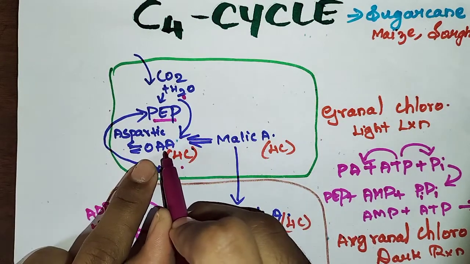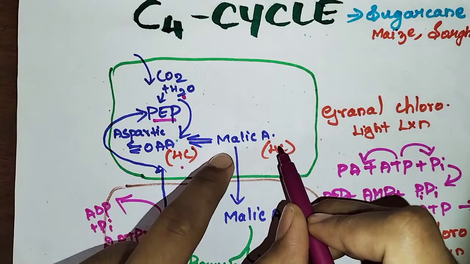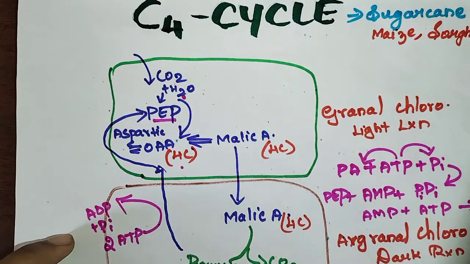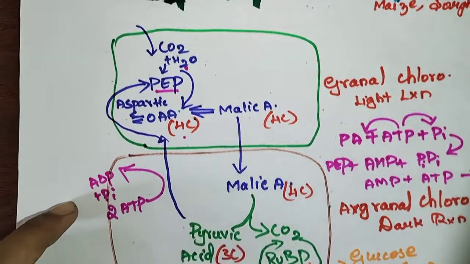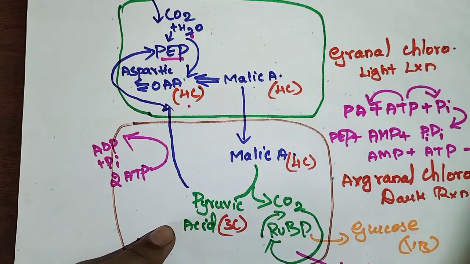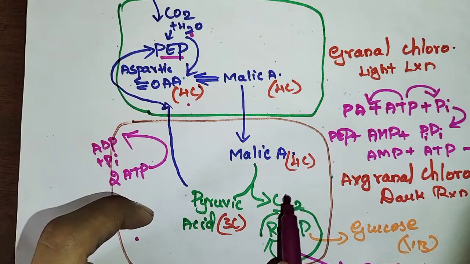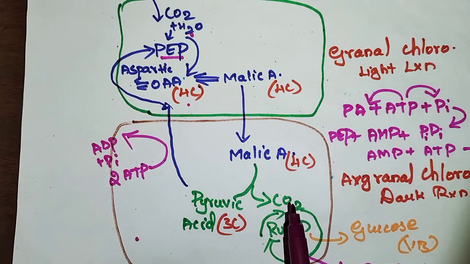When this oxaloacetic acid is converted to malic acid, this malic acid enters this bundle sheath cells, and this malic acid is a 4-carbon compound and separates as one carbon dioxide and one pyruvic acid.